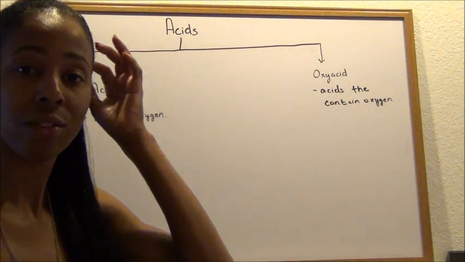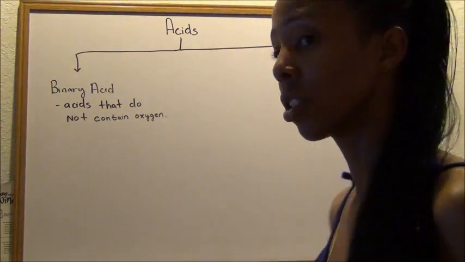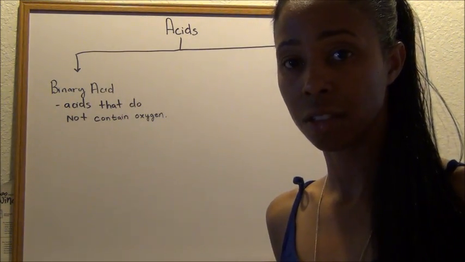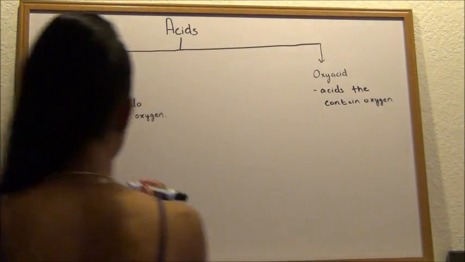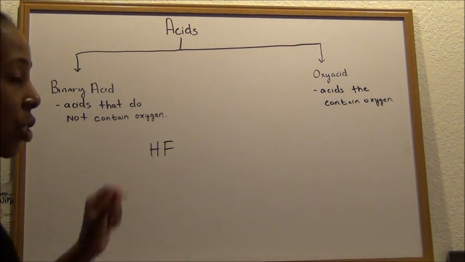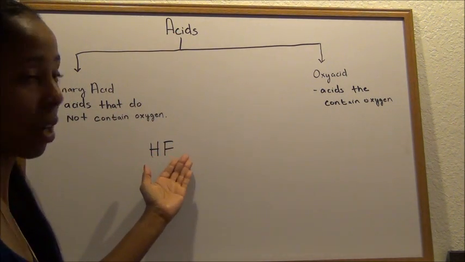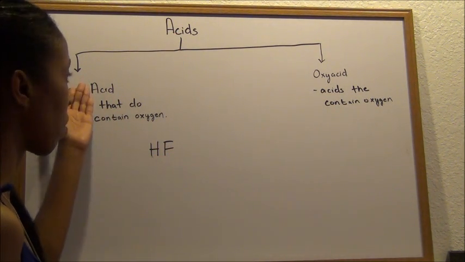So, when trying to figure out whether you have a binary acid or an oxyacid, first look for the presence of oxygen. For example, H, I noted H is out front, so it's an acid. And because it does not contain oxygen, it is a binary acid.